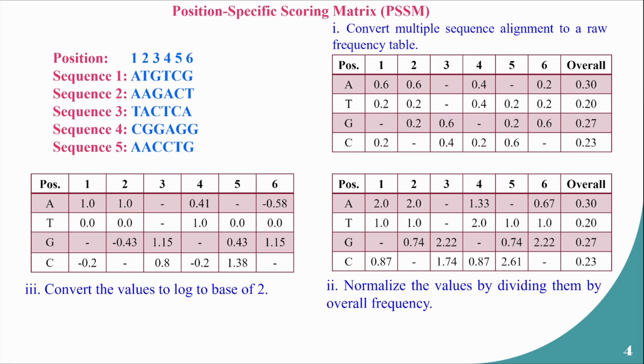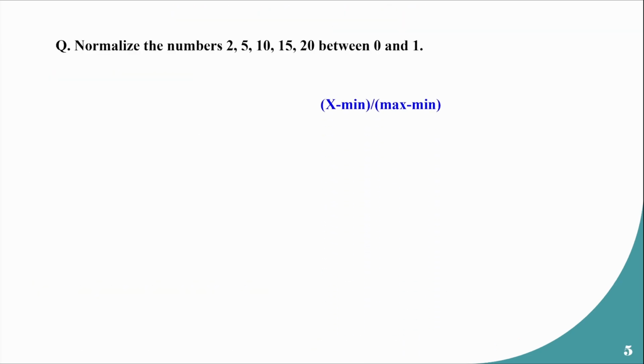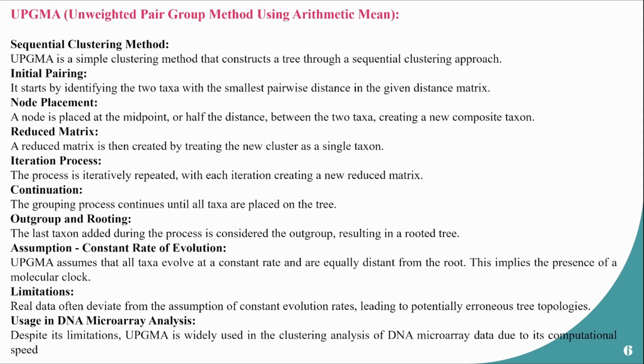Then we used the overall frequency and divided the sequence alignment frequencies by that overall frequency, and then we converted that to log base 2. That gave us the position specific scoring matrices. Then we learned about normalization techniques. Using formulas, we can normalize the set of values between 0 and 1, right?